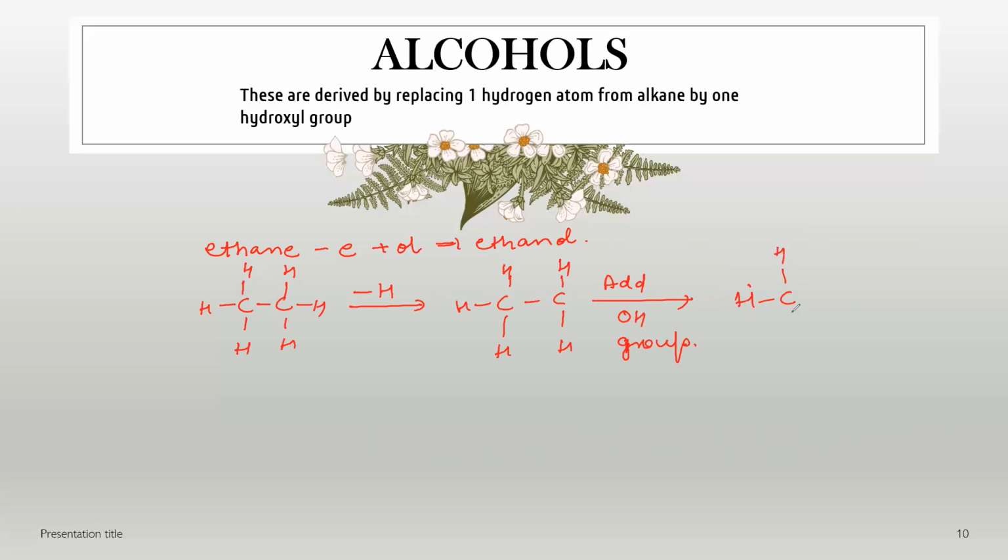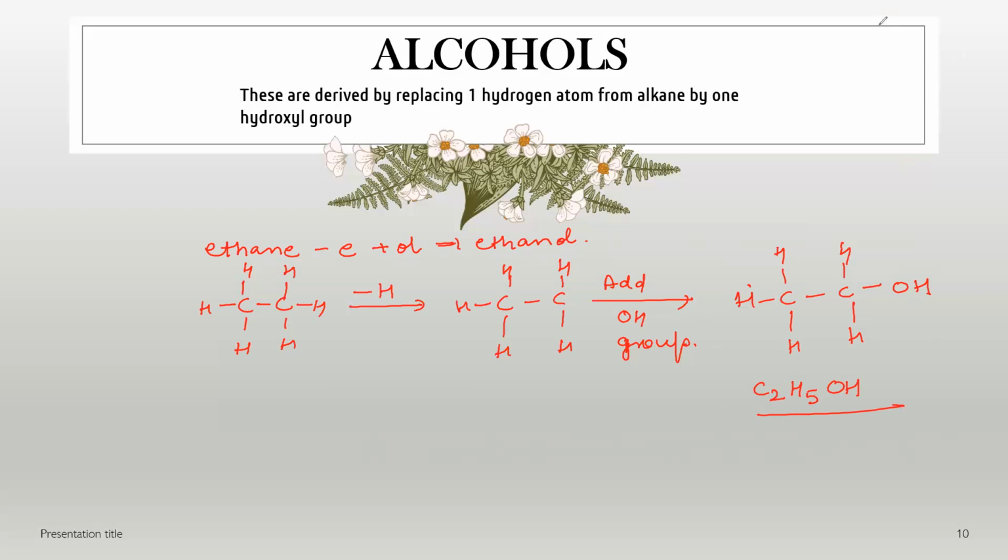H, H, H, H, H, OH. So this is the structural formula of ethanol. Ethanol is the drinking alcohol. So the formula is C2H5OH. Okay. Fine.